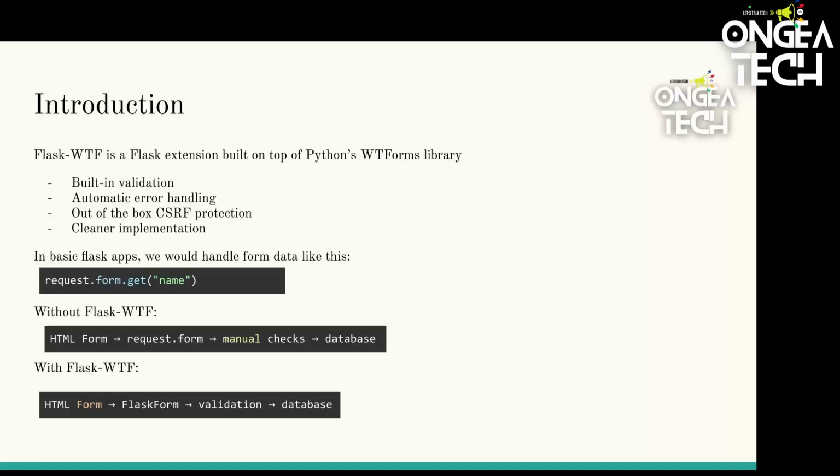So traditionally you'd have the HTML form, which would send data to request.form, and then you would do your manual checks before saving it to the database. With Flask-WTF, you would still have your HTML forms, but then it will send that to Flask Forms, which will do the validation and then save it to the database.